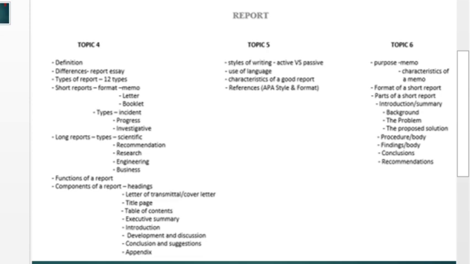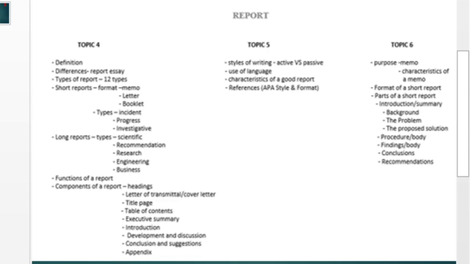In the introduction paragraph or the summary, you have to write these 3 things. If it's about a problem, you write down the background of the problem, how the problem started, what the peak of the problem is, and how the problem is currently going on.